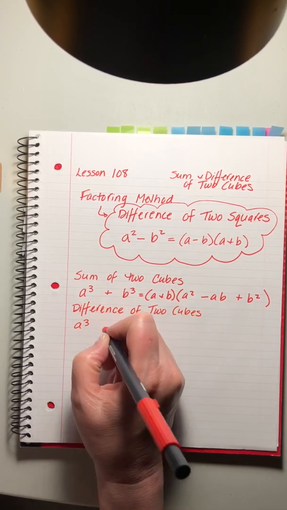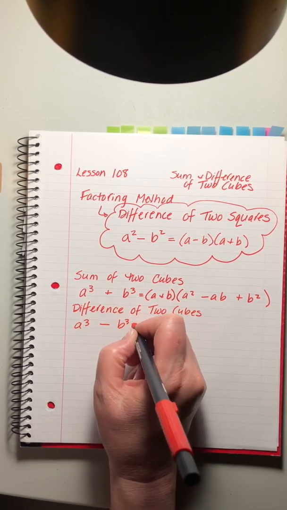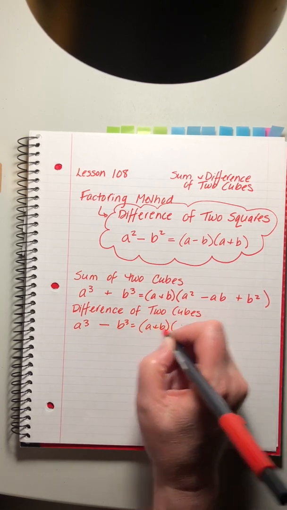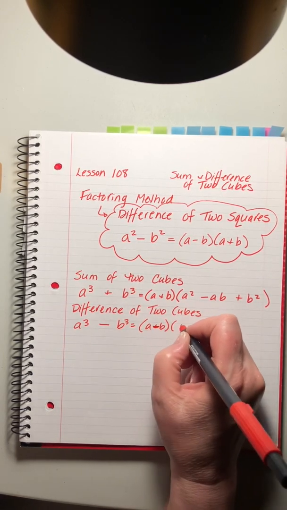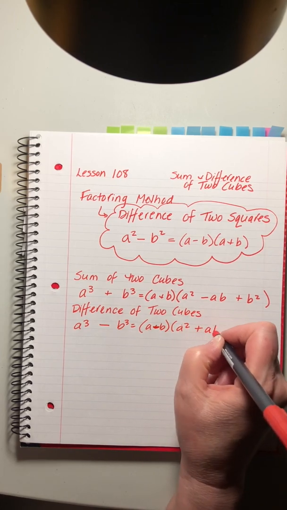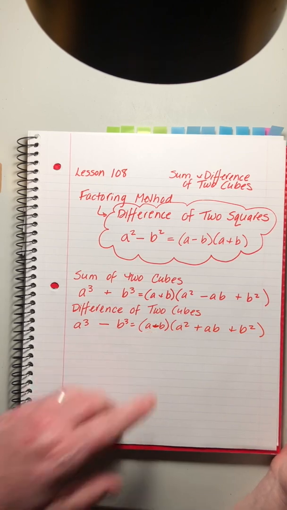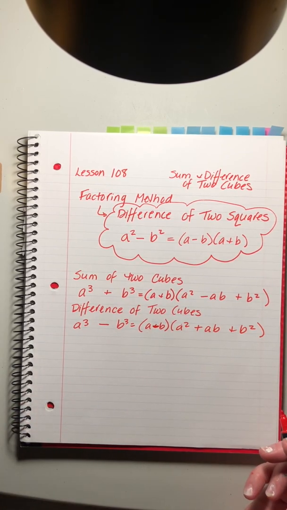That would be A cubed minus B cubed, right? And look what happens when we look at the pattern for that. Okay, that is a minus sign. Don't be like me, kids, and make a plus sign accidentally.